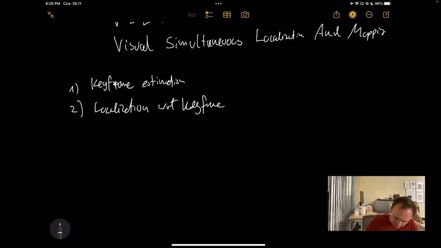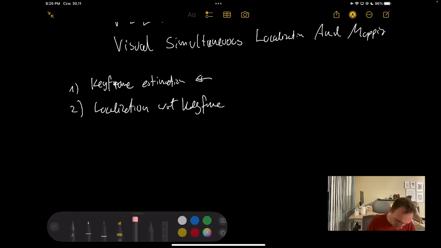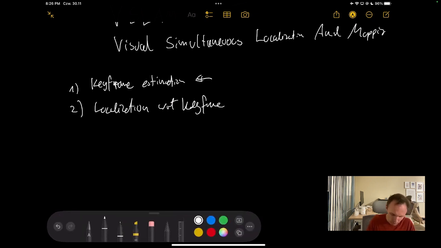So we're going to try to figure out some reference points in the environment in step 1, and then we're going to try to see if we still see any of those key points in the keyframe, and then try to localize with respect to those: try to figure out from their movement in the image how much we as the robot have moved.